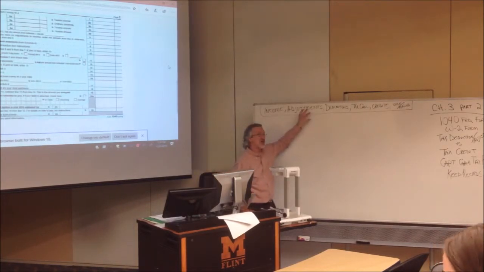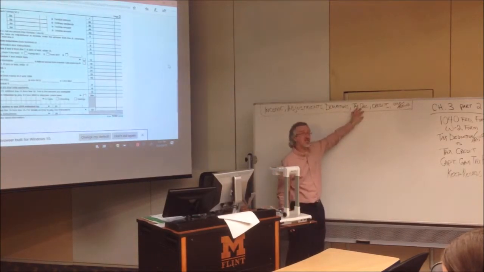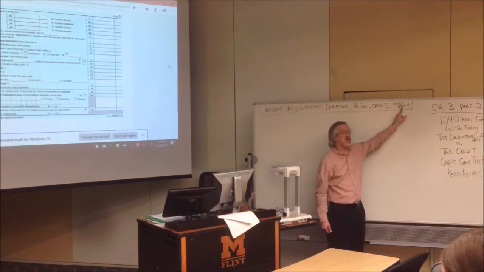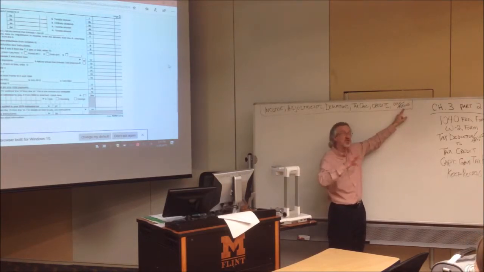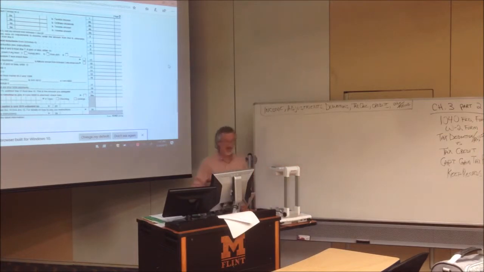After that are adjustments that mostly end up getting subtracted. Then deductions, which get subtracted. Then you calculate the tax. Then, if there's tax credits involved, it's subtracted from the tax. Then you decide, do you owe or do you have a refund based on how much you've already paid through withholding to your employer. Those are the steps right there, right?